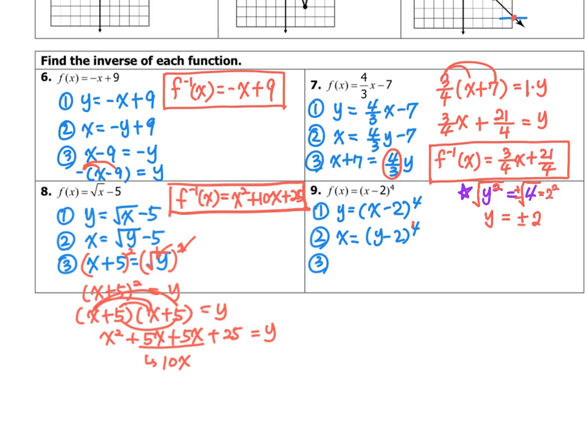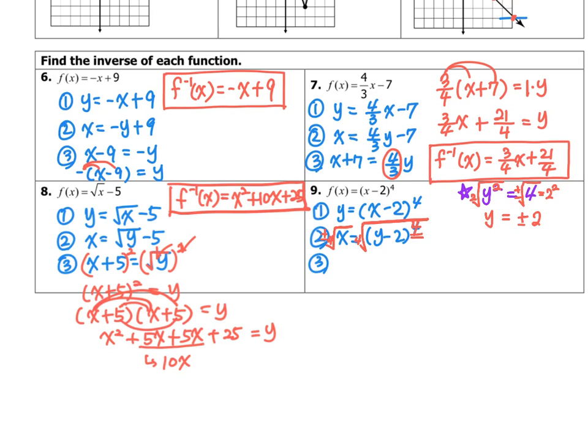What if you have a fourth power? The principle is the same. We're going to put a root, however, instead of a square root, we're going to put a fourth root. And the same thing, if you have an even exponent, you put plus or minus in front of that fourth root.